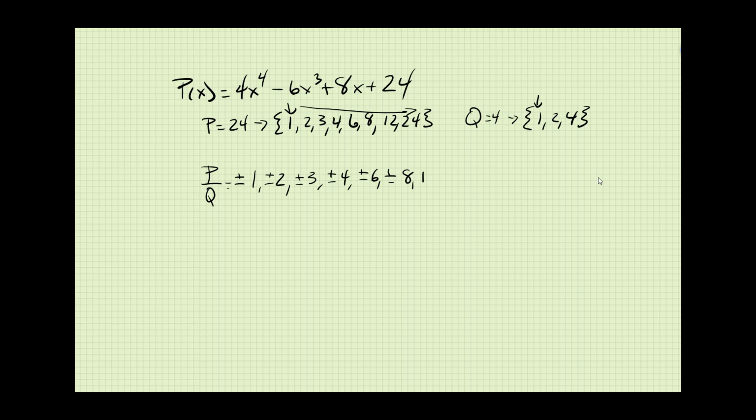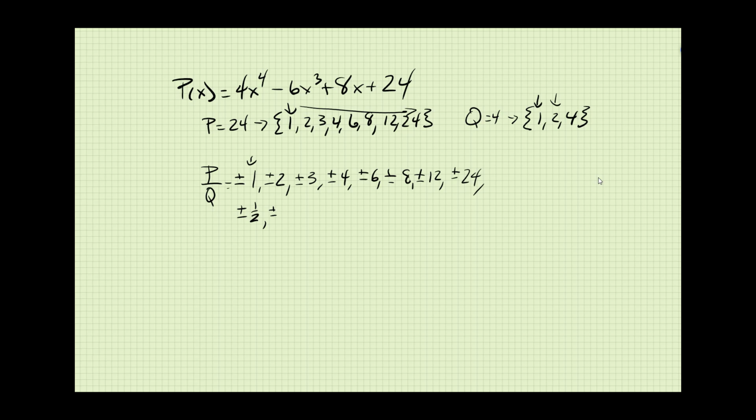And then 8, then 12, and then 24. But we're not done yet, because now we have to do every number in this set divided by the second number of this set. So that would be 1 divided by 2. And then you would have 2 divided by 2. Wait a minute, 2 divided by 2, that's 1. That's already in the set, so we don't have to list that.